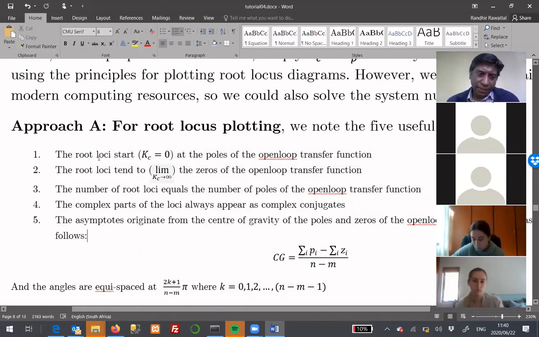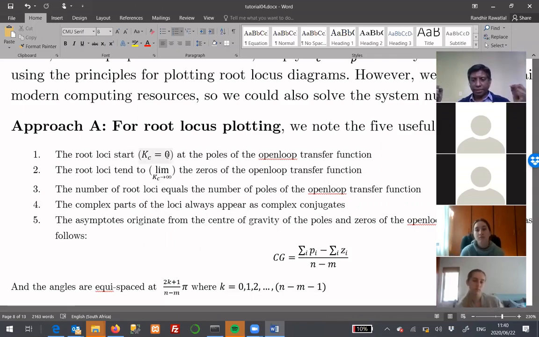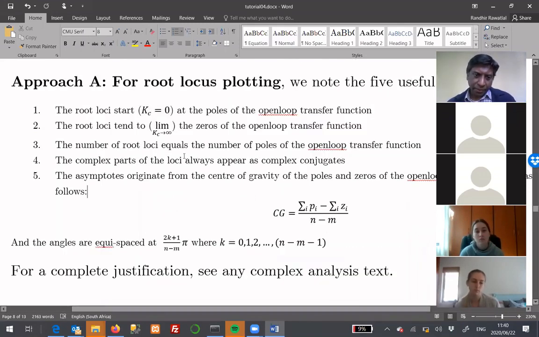Your root locus will start at Kc equals 0. So you've got a couple of different solutions, and if you set Kc equals 0, then you can find those initial values. As Kc goes to infinity, it turns out that the zeros of your open loop transfer function are where your roots tend to go eventually, and we'll look at some examples. And then the number of loci equals the number of poles.